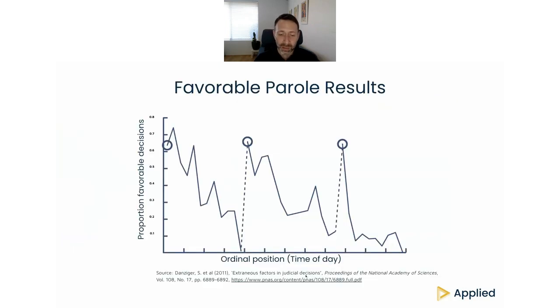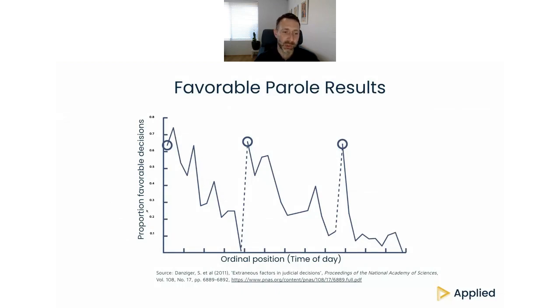And here's a chart from 2011, which illustrates this point. So you have time on the x-axis. This is one day, starting at the morning through to the end of the day. And on the y-axis, this was a study of judges and the parole decisions they made for people going for parole.